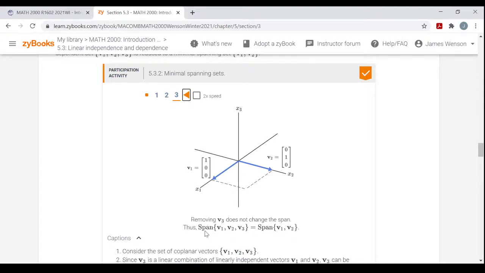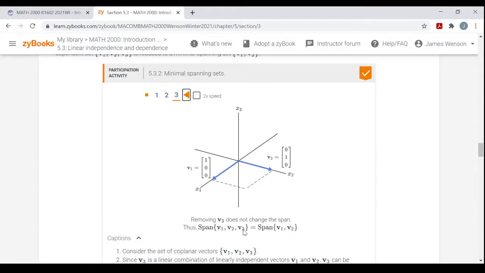So the span of vectors v1, v2, and v3 is the same set as the span of just v1 and v2. Because remember what the span is. The span of a set of vectors is all linear combinations of those vectors. Well, if I have all linear combinations of v1, v2, and v3, and v3 is just a linear combination of v1 and v2, then I don't need v3.